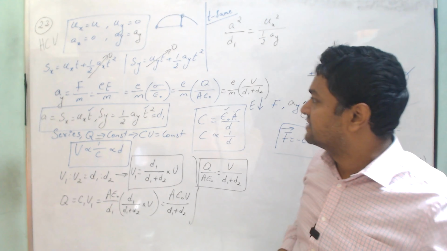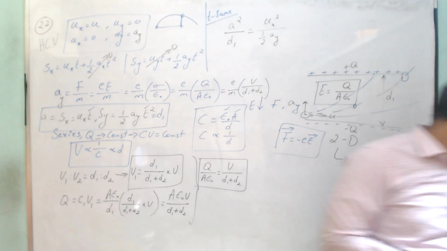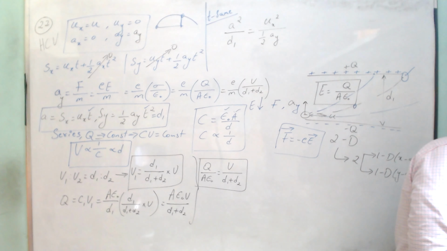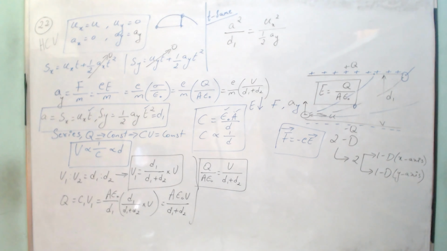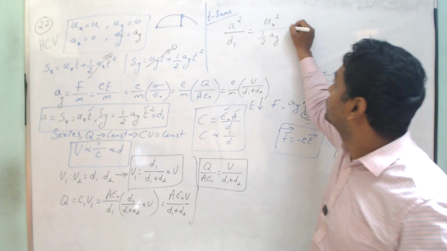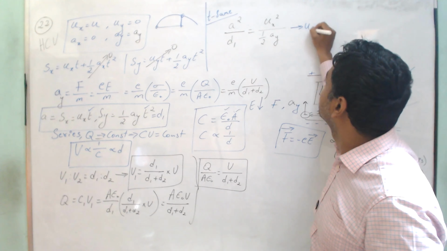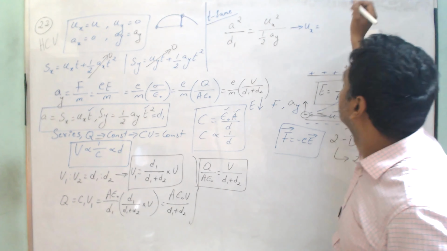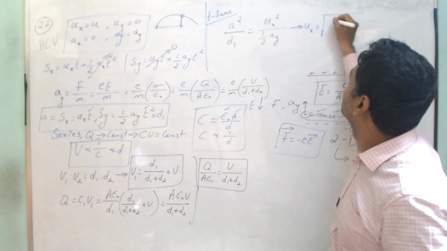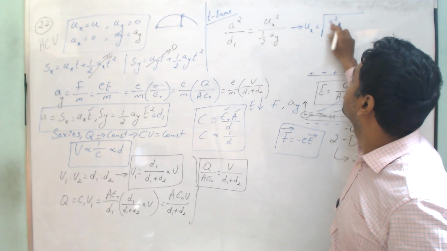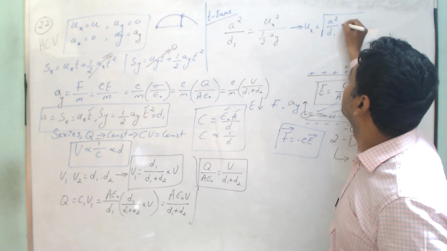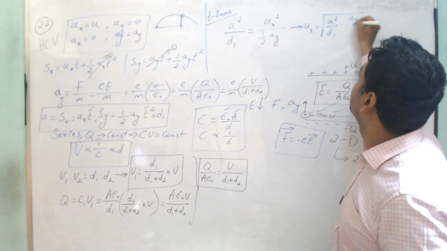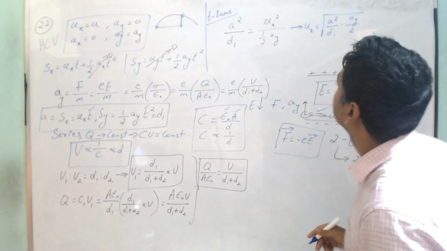He has given the initial velocity, that only we have to find. Ux is what we have to find, right? Now, my ux is equal to under root of a square by d1 into ay by 2, correct?